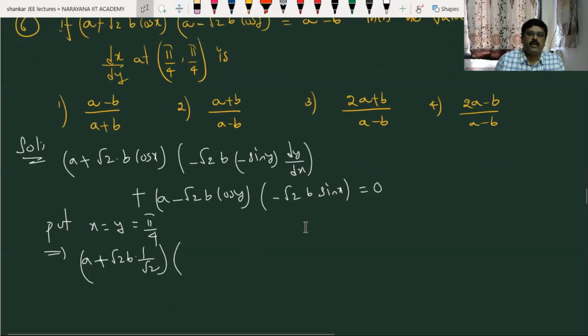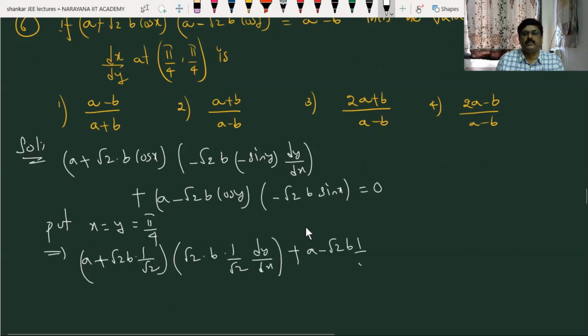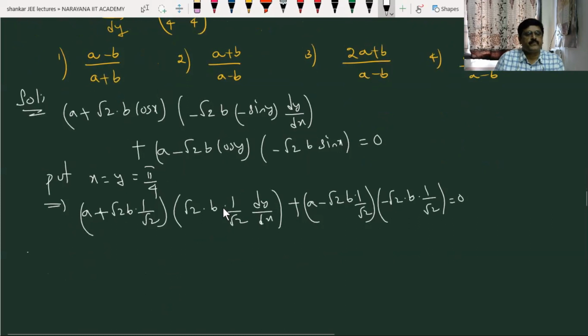Carefully you observe, it is minus into minus, plus root 2 into b sin pi by 4, again 1 by root 2, dy by dx, plus a minus root 2b into 1 by root 2, students, into minus root 2b into 1 by root 2 is equal to 0. Then it leads to this root 2 part will be cancelled in all brackets like this.